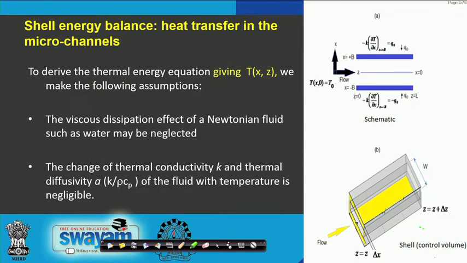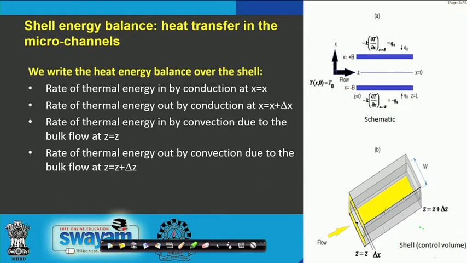Now, two or three more assumptions are there. The energy due to viscous dissipation is neglected, because this is a Newtonian fluid, and we have considered water flow. The second thing is that thermal conductivity, or thermal property, is not changing too much with temperature, because all these assumptions will help you find the equation we would like to have.